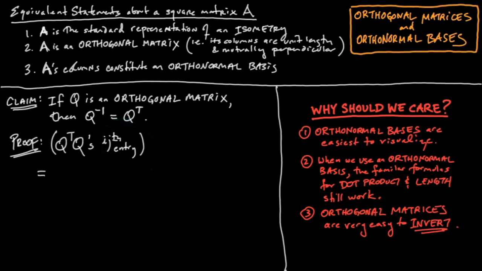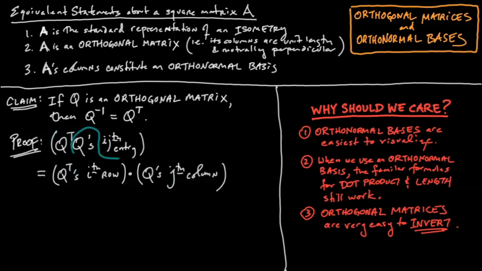Well, quite a lot, because we know the entry perspective on matrix multiplication. When we multiply two matrices, the ijth entry, as we learned all the way back in chapter 3, is a certain dot product, namely the ith row of the first matrix dotted with the jth column of the second matrix. Okay, fair enough.